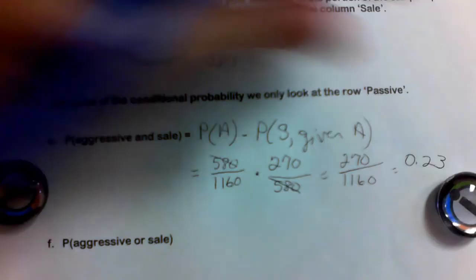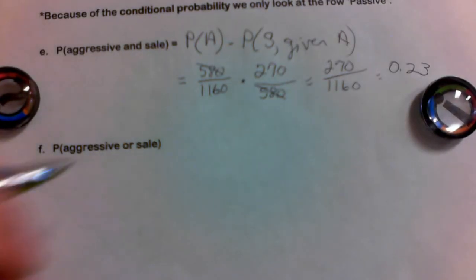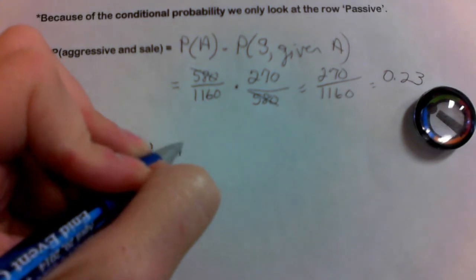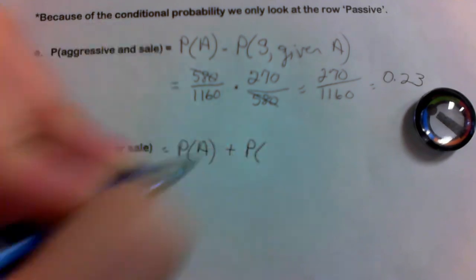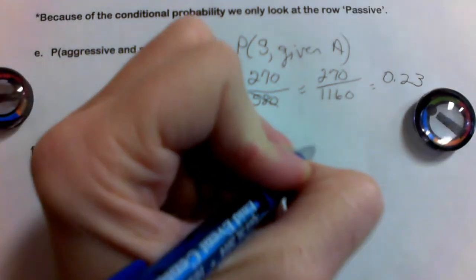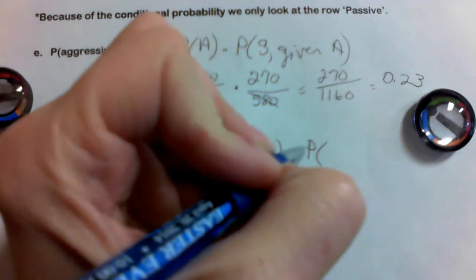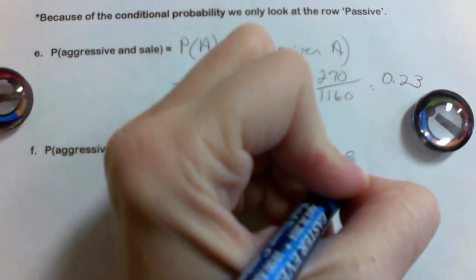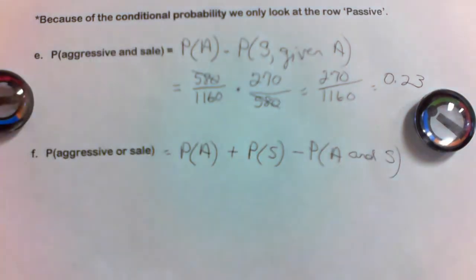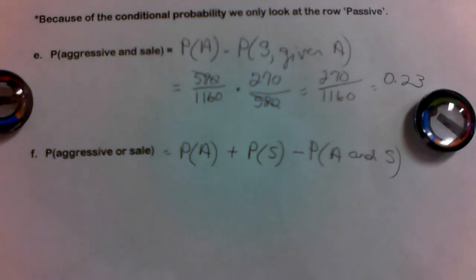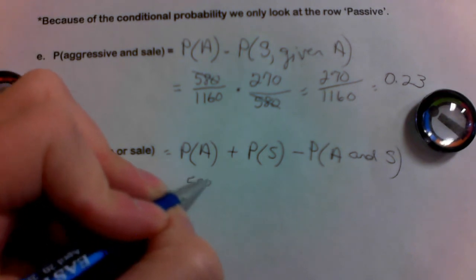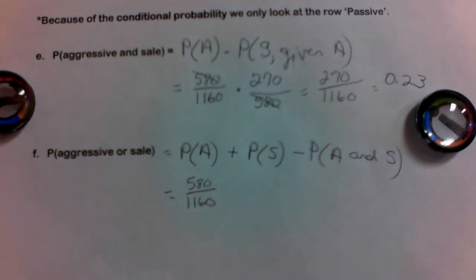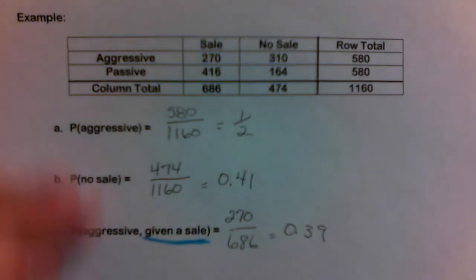And then the last one is an OR statement. So that means it's our addition. So the probability of aggressive plus the probability of sale minus the probability of aggressive and sale. That's my formula. So the probability of aggressive, again, we found that in part A. That was 580 over 1160. Probability of sale, so I have to go back to my table.